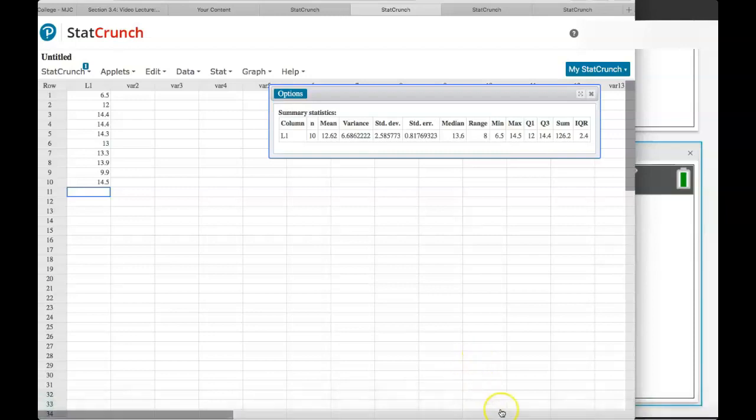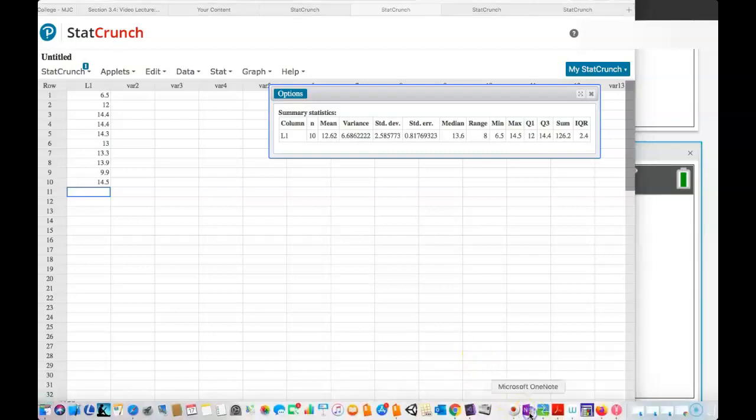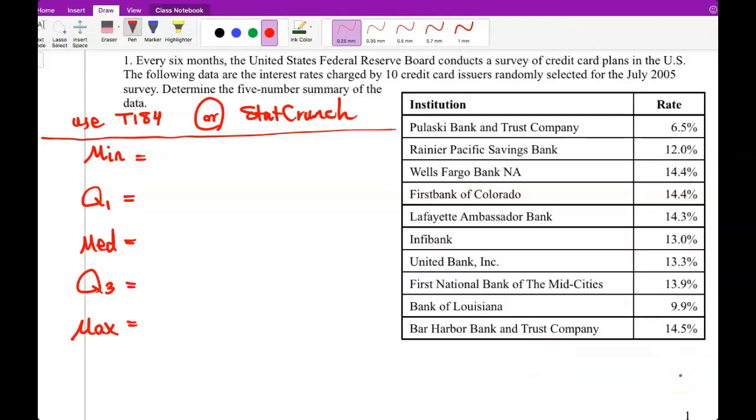Now writing all these. For the minimum value, we got 6.5%. Q1 is 12%. The median is 13.6%. Q3 is 14.4%.